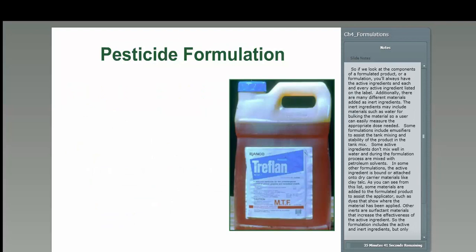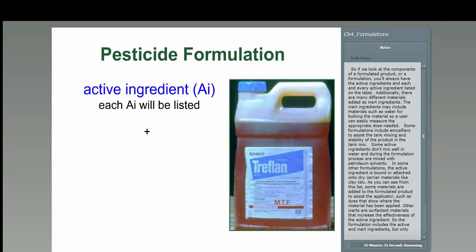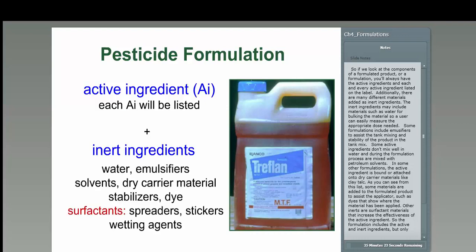If we look at the components of a formulated product, or a formulation, you'll always have the active ingredients and each and every active ingredient listed on the label. Additionally, there are many different materials added as inert ingredients. The inert ingredients may include materials such as water for bulking the material so a user can easily measure the appropriate dose needed.